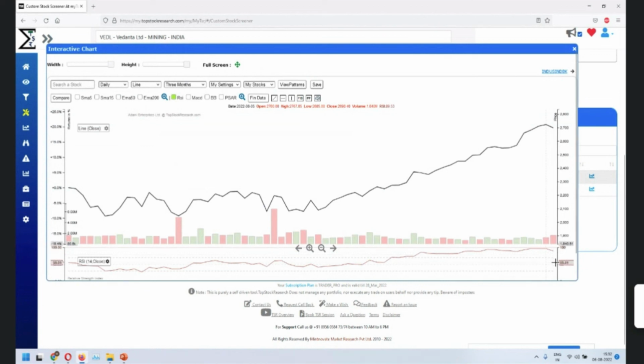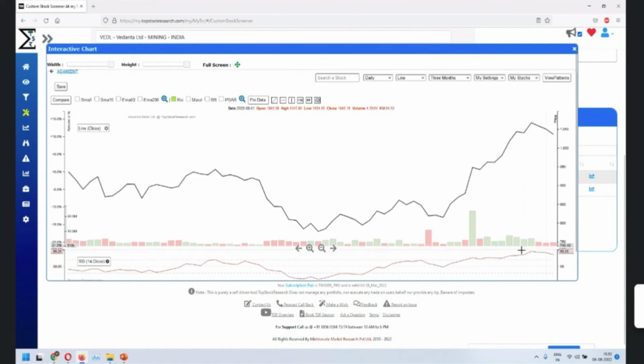I hope it is coming through. Even though it is strong, purely from an RSI perspective it is trying to go down. If you see here, again, this is coming down. It is in a seriously overbought zone for a very long period of time, but you see there's a sign of exhaustion of this trend.